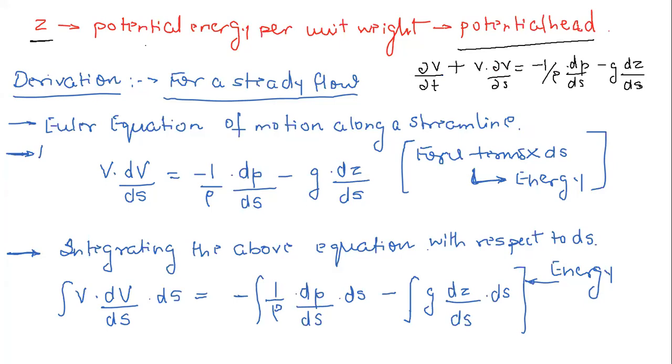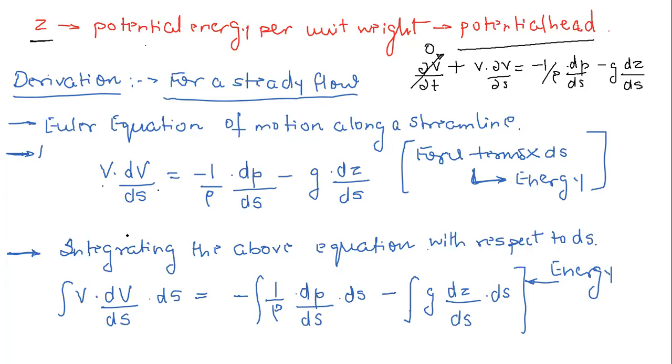Now, first of all, for a steady flow, we will go one by one. For a steady flow, this term is going to be 0. So if the flow is steady, then the equation will be V dV by ds. Very important thing: now I'm taking the total differential instead of the partial differential, because right now I am focused only on the motion along the streamline.